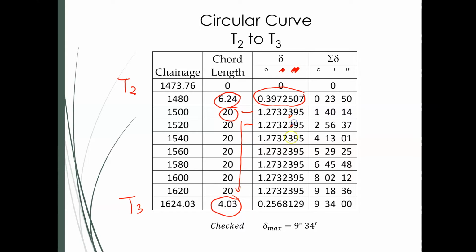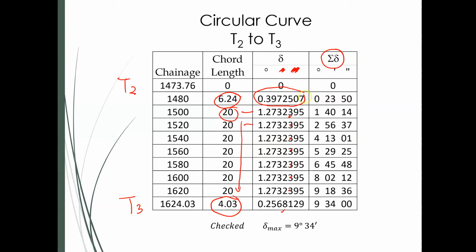So you notice that all the numbers here are the same, and the last one is obviously 0.2568118129. And I explained earlier that to make our work easier in the field, we sum all the angles because we can set one common zero.